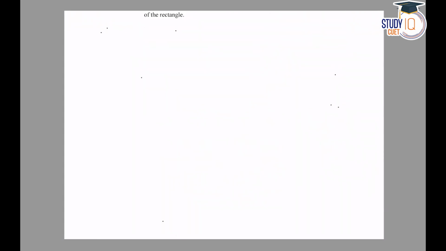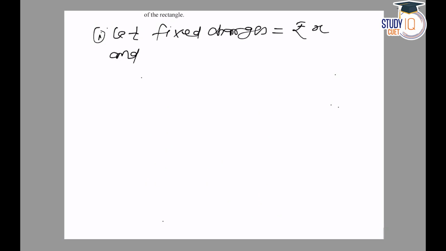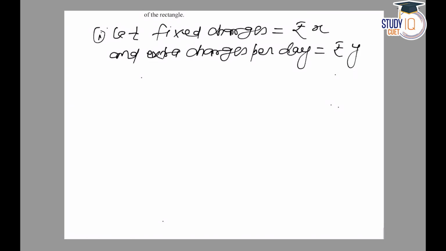So for the first part, let fixed charges for the month be rupees X and extra charges per day equal to rupees Y. So for student A, total amount will be fixed charges plus 20 days, that is 20Y, equals 1000.